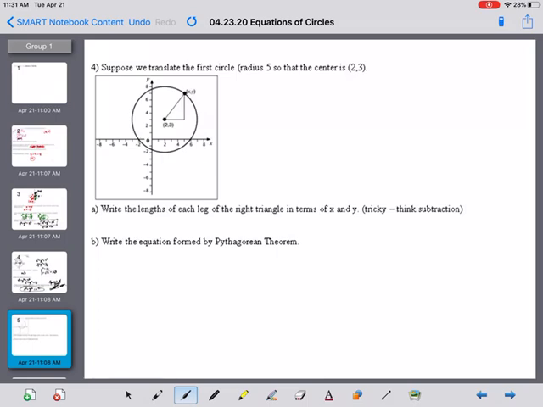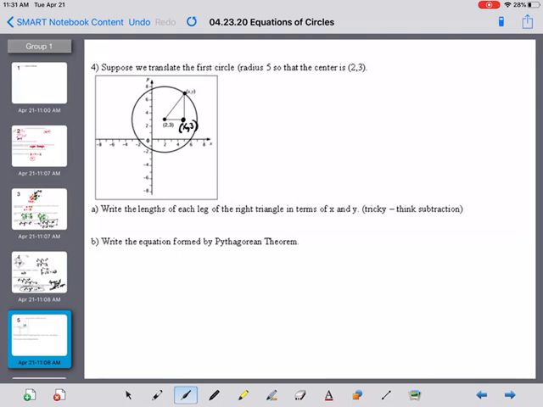Okay, so let's find the base of this triangle here. Well, we know that this x coordinate is going to be x and then comma 3, right?